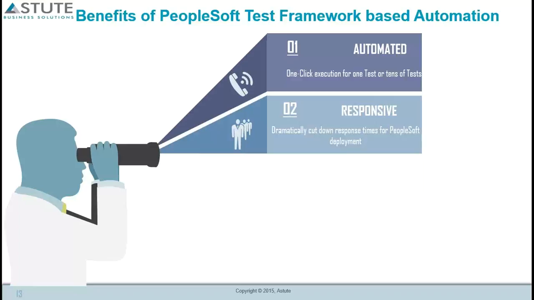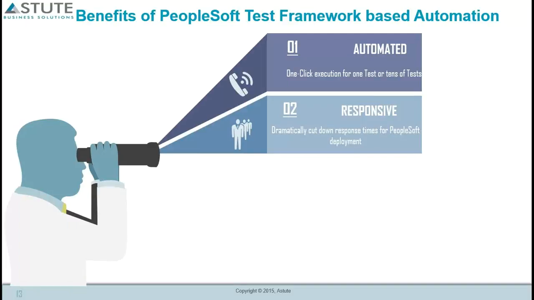The responsiveness comes from two things. One is you are going to be able to execute a large number of tests in a very short time frame, as opposed to having an army of testers looking at Excel spreadsheets and divvying up the work and doing those manually.